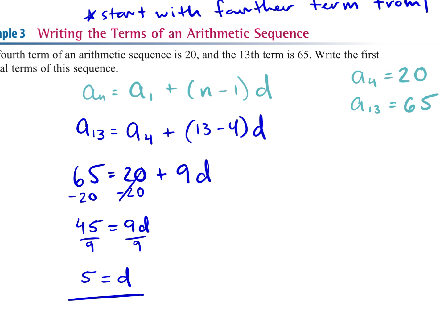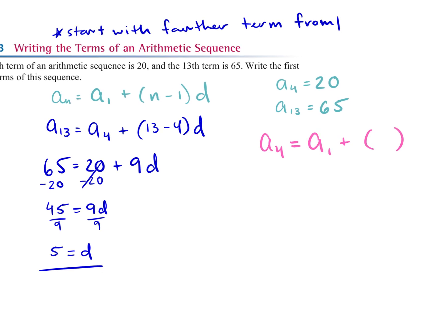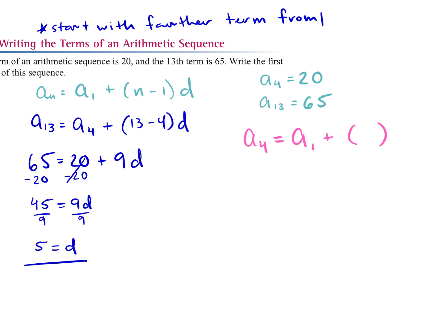Next, we want to find our first term. So we're going to use this same formula, the same pattern that we just did, but we want to find A sub 1. I could use either one of these here. I'm going to use A sub 4. So let's say A sub 4 is equal to A sub 1 plus, what would go into my parentheses here? 4 minus 1, perfect.